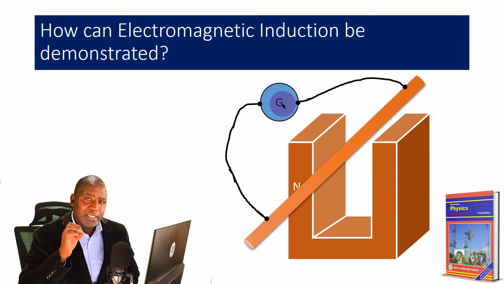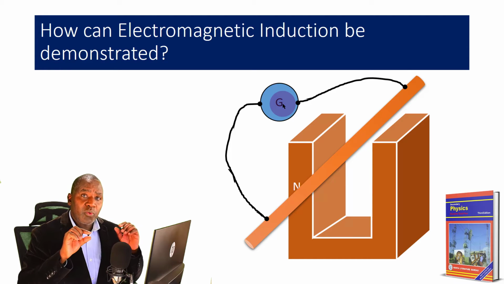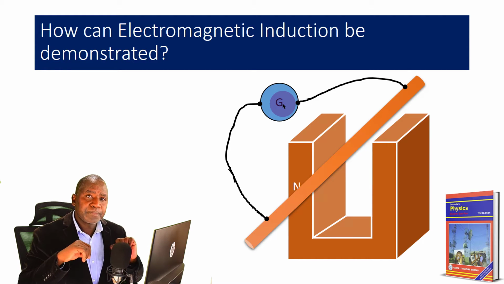Remember, in an electric circuit, if we are to tell that a current is flowing, we are going to connect an ammeter in series with whatever load we have. An ammeter is used to measure current, and if it deflects, there is current in that wire.